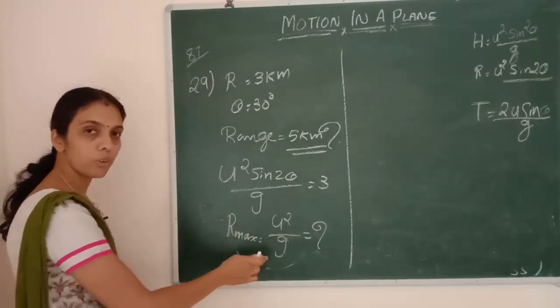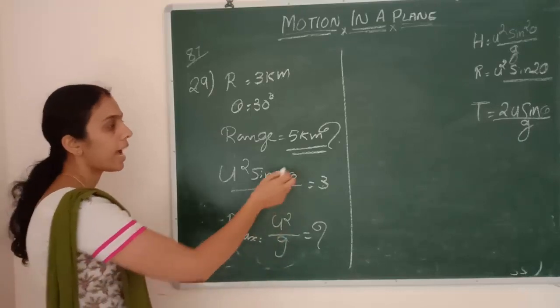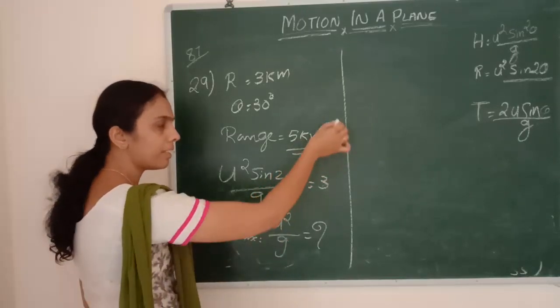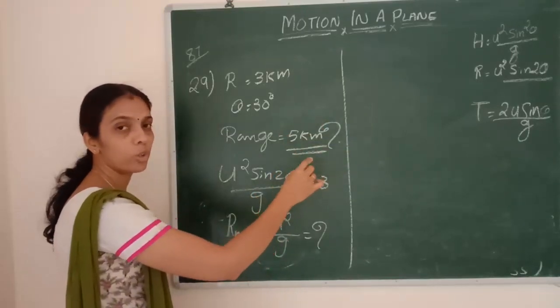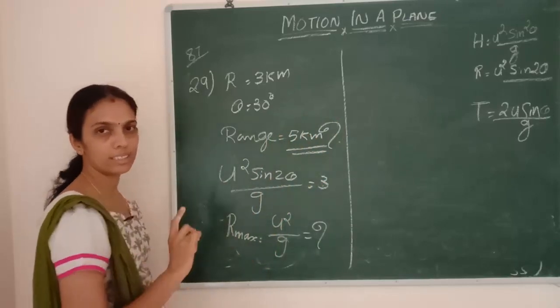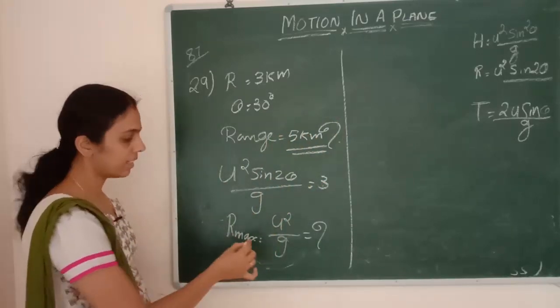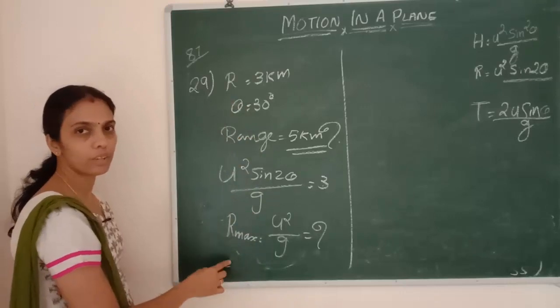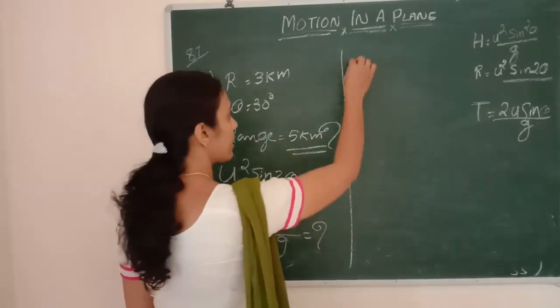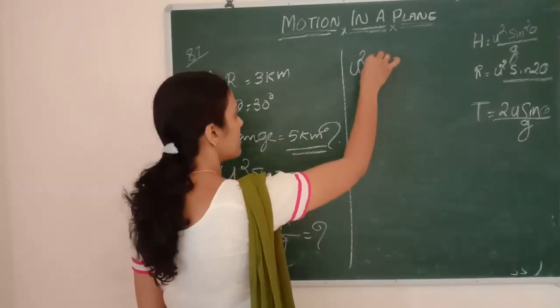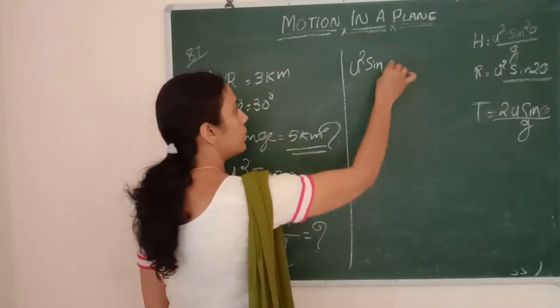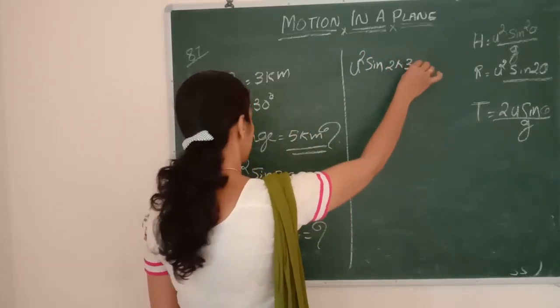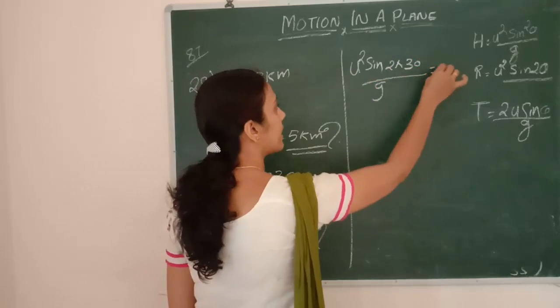So if we find u square by g and that value is coming more than 5 kilometers, then we can say the bullet can hit the maximum available range. That is what we are finding out here. So from here we can find out u square sine 2 theta, with theta as 30 degree, divided by g equals 3.